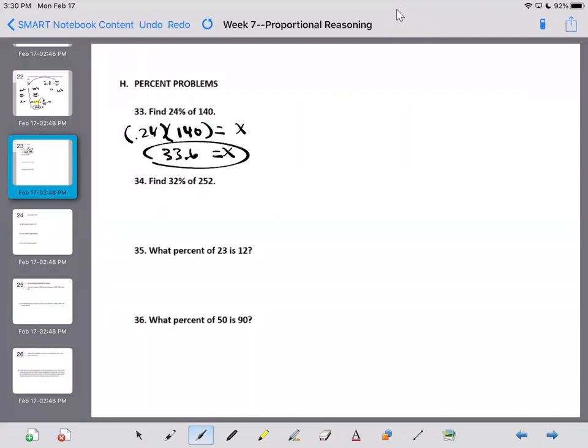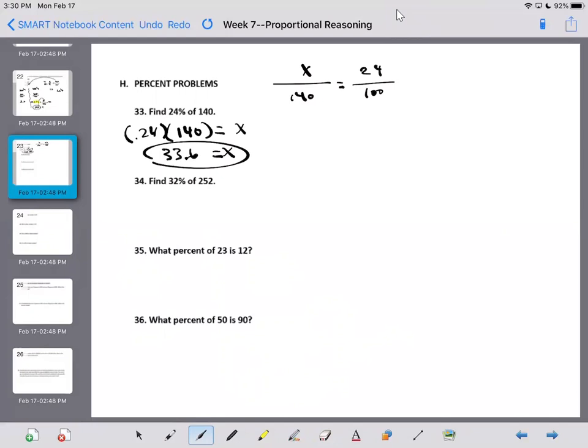So that would mean that 33 6/10 divided by 140 is equivalent to 24%. If you're going to use a proportion like that, you could say it's something out of 140. Something divided by 140 is equal to 24 hundredths.